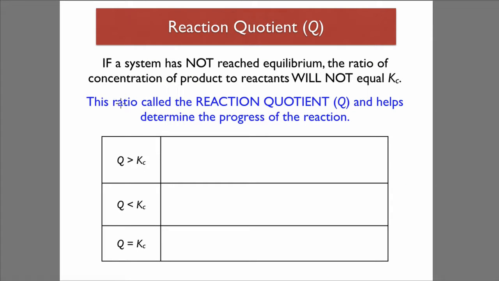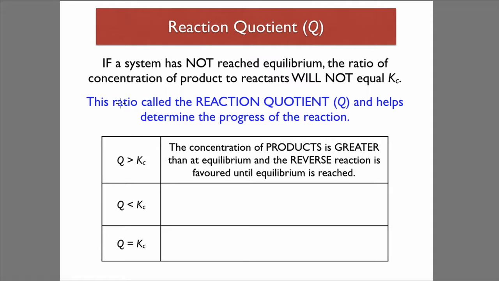The reaction quotient. If a system has not yet reached equilibrium, the ratio of the concentration of product to reactants will not equal the equilibrium constant. This ratio is called the reaction quotient, and it helps determine the progress of the reaction. When Q is larger than the equilibrium constant, the concentration of products is greater than at equilibrium, and the reverse reaction is favoured until equilibrium is reached.